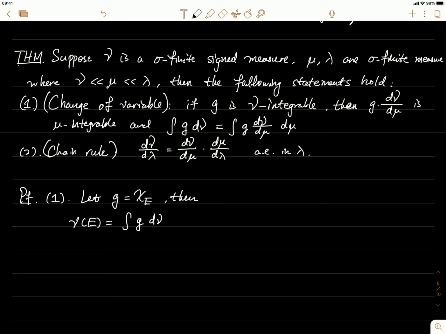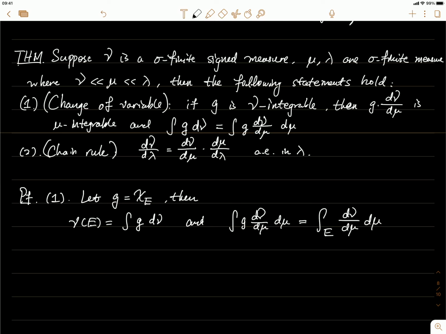Because this G is just a characteristic function of E. And on the other hand, the integral of G d nu d mu is equal to E because G is a characteristic function. So this is just that.